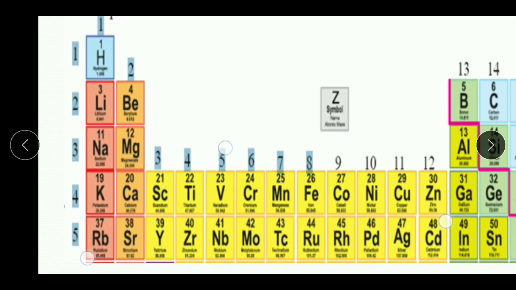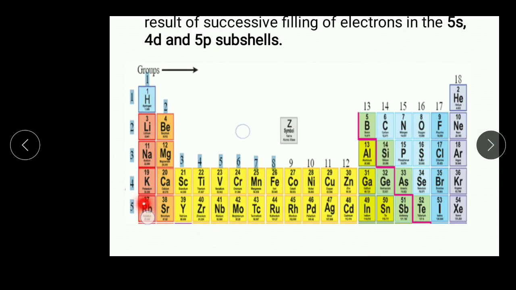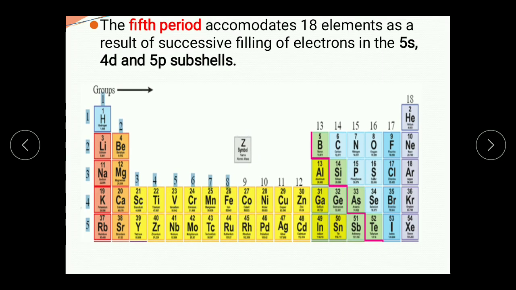The first member is rubidium, atomic number 37, then strontium, atomic number 38. The electronic configuration will be square bracket krypton, then 5s1, 5s2. After that, 4d will start filling because 3d is complete here.